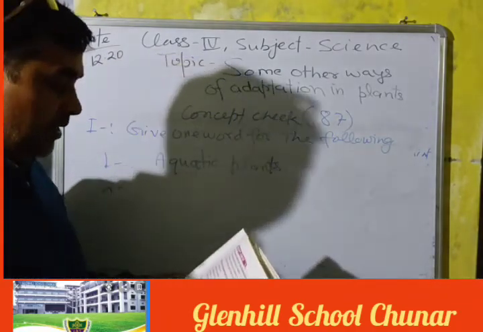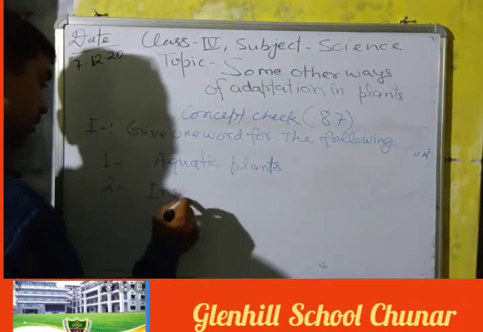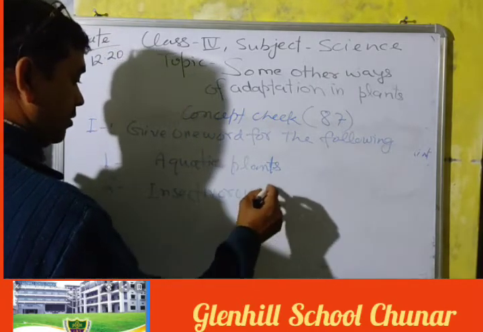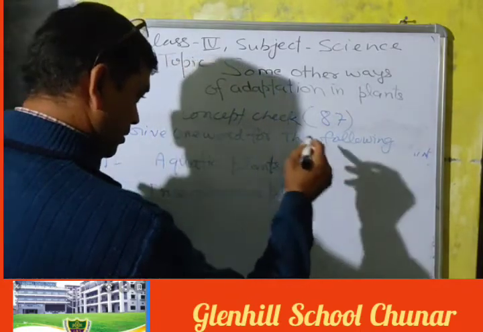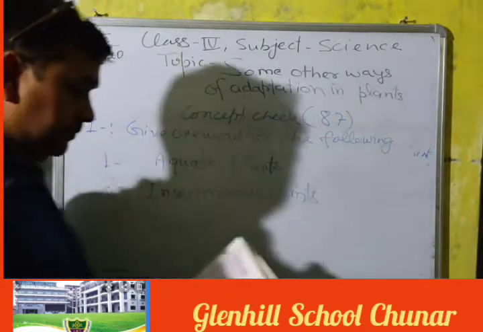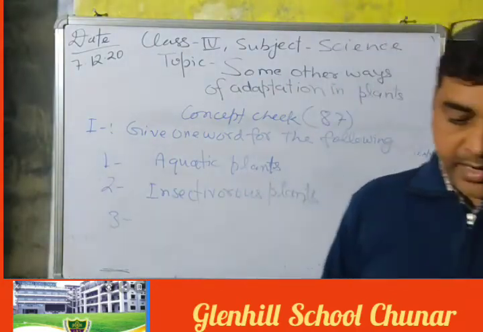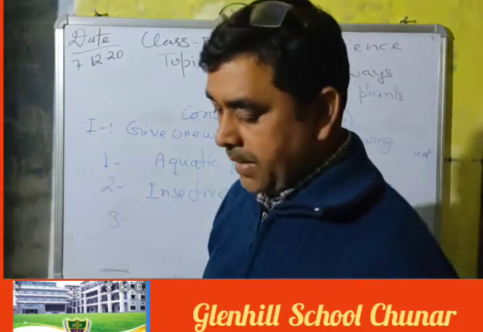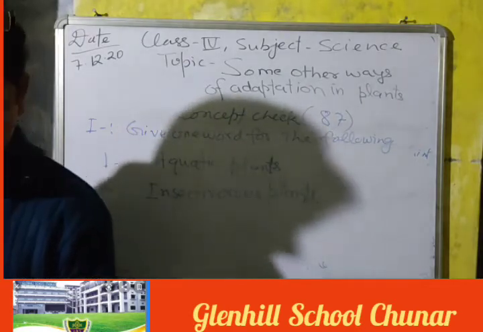Second, plants that trap insects: insectivorous plants. Third, plants that get their food from dead and decaying matter are called saprophytic plants.